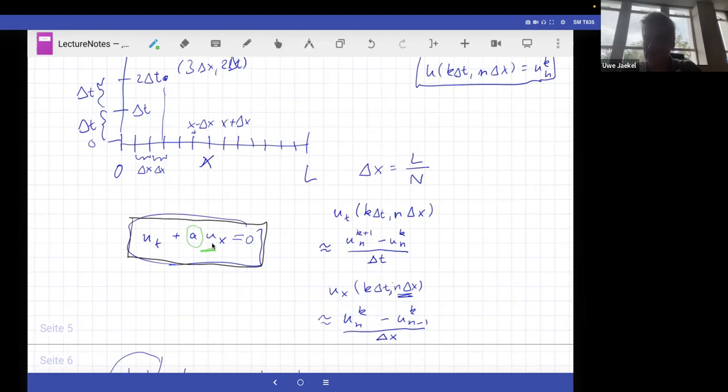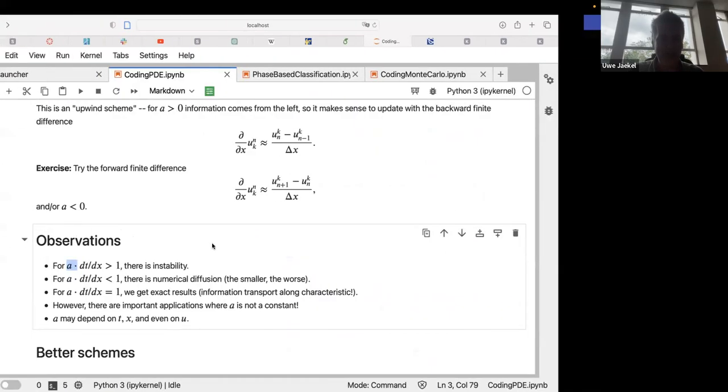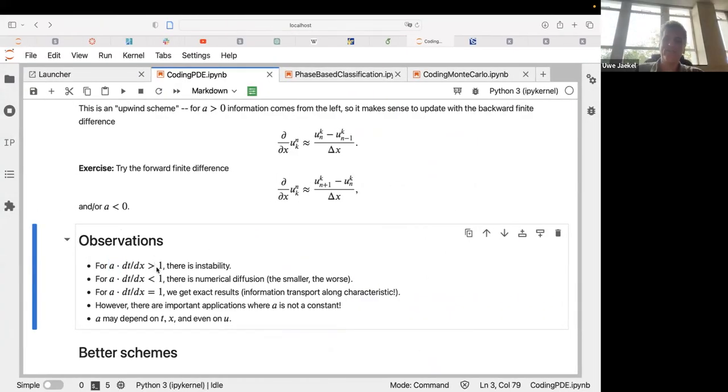So this is a dimensionless number. And if this dimensionless number is bigger than 1, then there's instability. It can also happen with other operators, other derivatives, but it's always the same. If this dimensionless number that you form is bigger than something or smaller than something, then you may have instability.